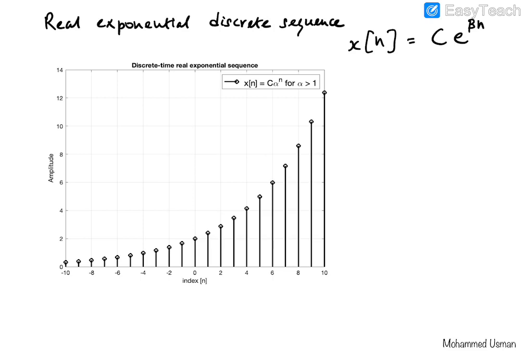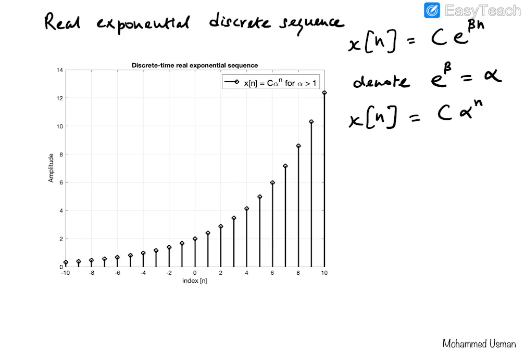Okay, now it becomes much more convenient, as we'll see later, to simply call this e power beta as some other variable. So we denote e power beta as some alpha. So our general form of our discrete sequence can be written as c alpha power n. So alpha is nothing but e power beta, and that way the notation becomes much simpler. So we will be following this particular notation.